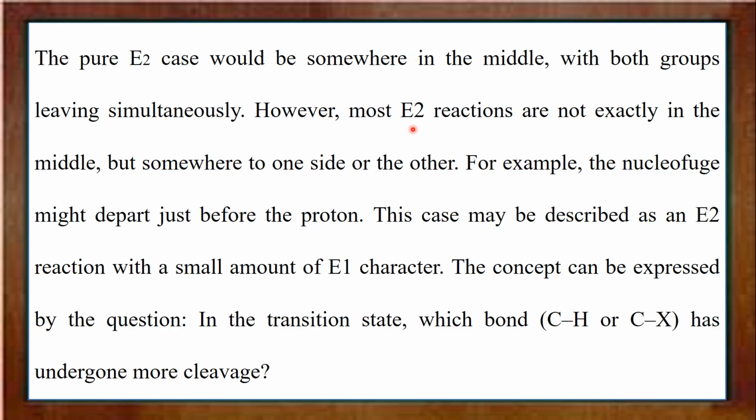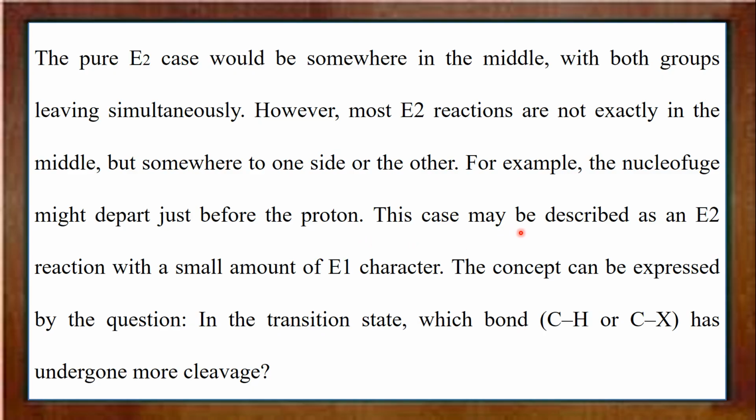However, most E2 reactions are not exactly in the middle, but somewhere to one side or the other. For example, the nucleofuge, the nucleophilic leaving group, may depart a little before the proton.